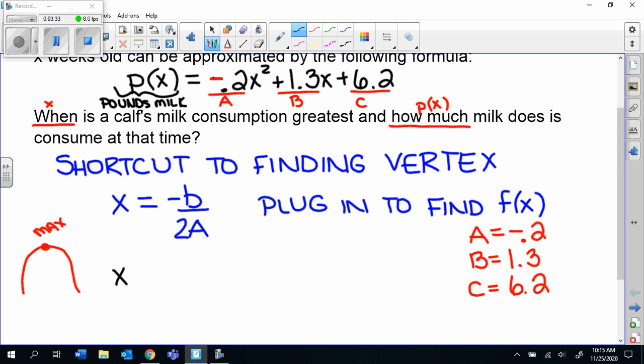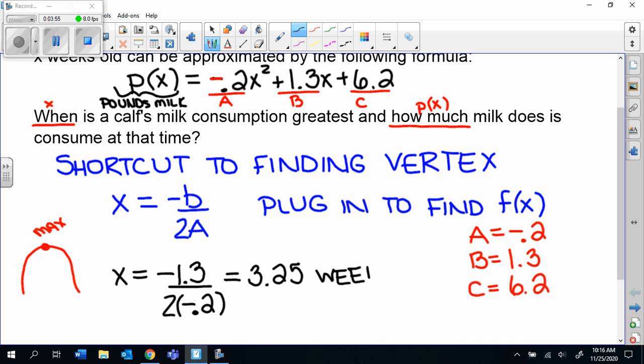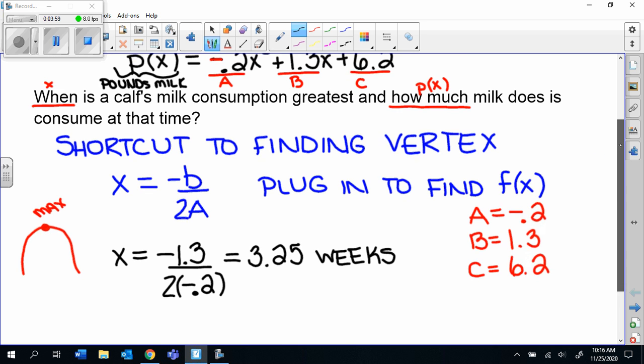So our x is equal to minus 1.3 over 2 times negative 0.2. So our two negatives will drop out, and when I do this math, I get 3.25, and this represents weeks. So our calf is 3.25 weeks old.